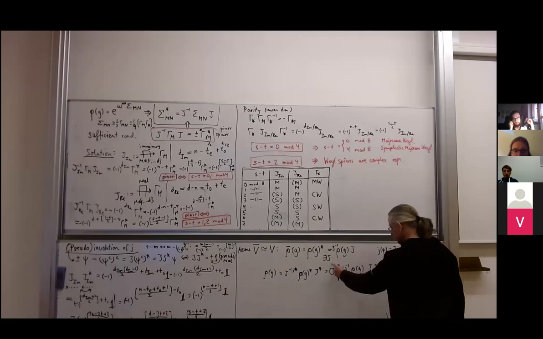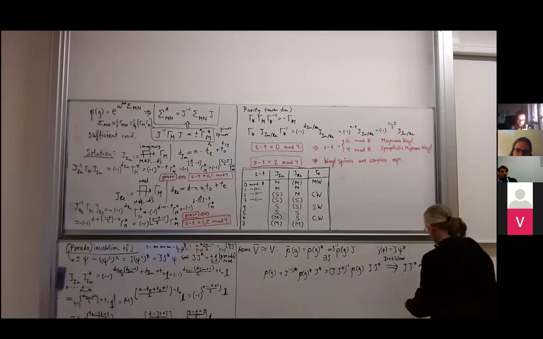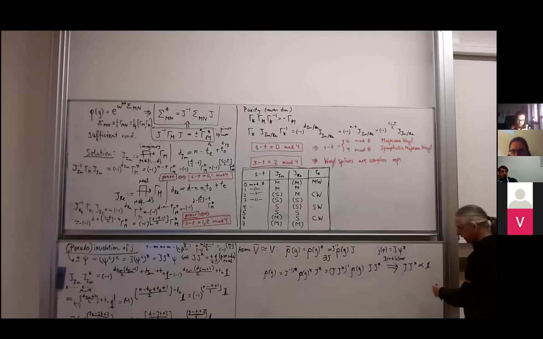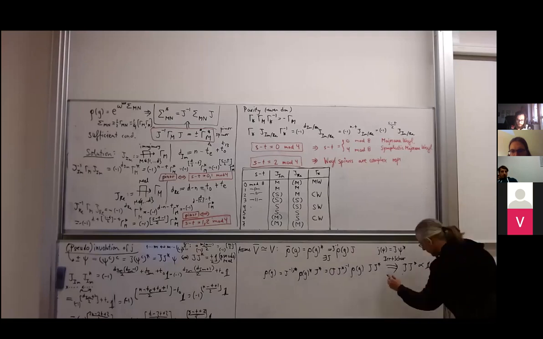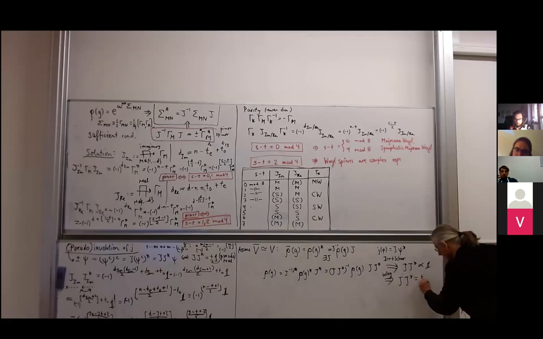So we scale the J matrix. If we have one J matrix, we could take another J matrix which is scaled, and that would clearly satisfy the same condition. And therefore, without loss of generality, we can assume that J star is equal to plus or minus 1.